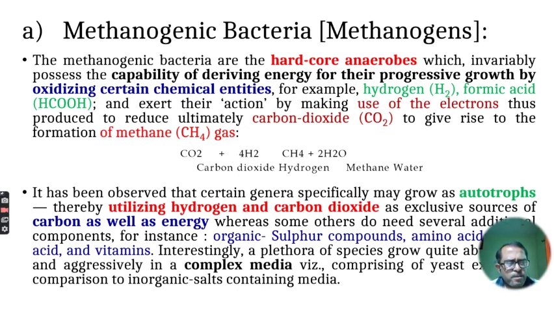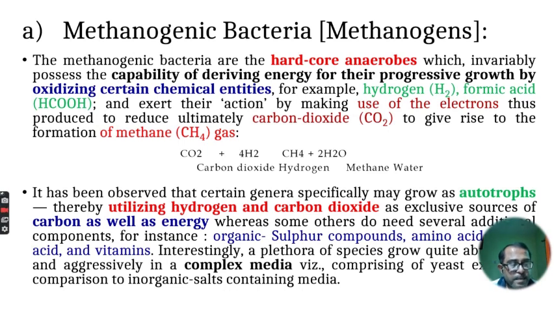But there are some methanogenic bacteria which also require other components for their growth. When we try to grow these bacteria in our lab, we have to supply a complex medium. That complex medium must contain different types of minerals and salts.